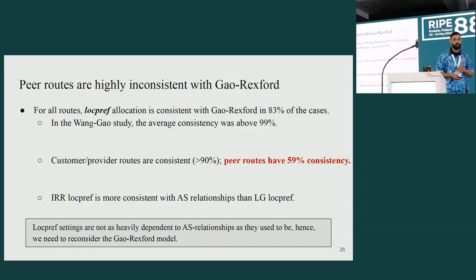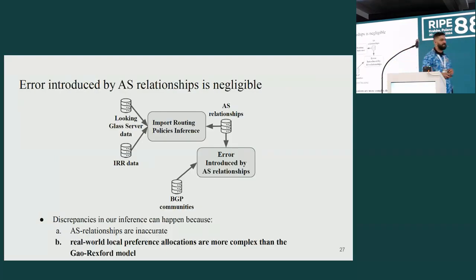Again, if I had to say only a sentence for this slide, it is that local preference allocations today are not as heavily dependent on business relationships as they used to be back in 2003. Hence, we need to reconsider that cornerstone Gao-Rexford model. Now, someone would argue that I'm using inferred AS relationships, so this is a possible bottleneck in my analysis and that I'm introducing some error.